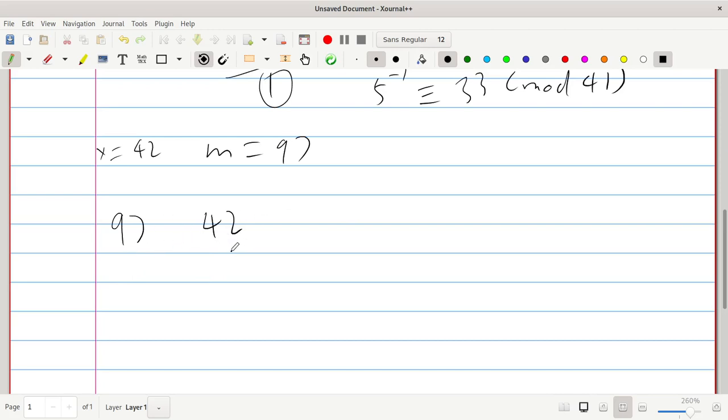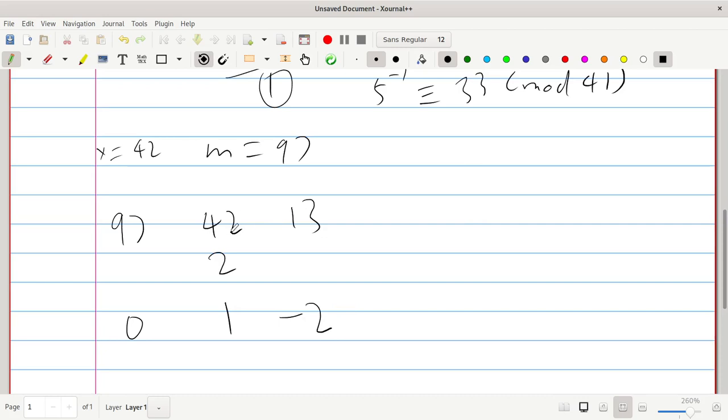So 97 divided by 42, the quotient is 2, so 2 times 42 is 84, and then the remainder is 13. And then we have 0 and 1 here. So we do 0 minus 2 times 1, so that's negative 2.